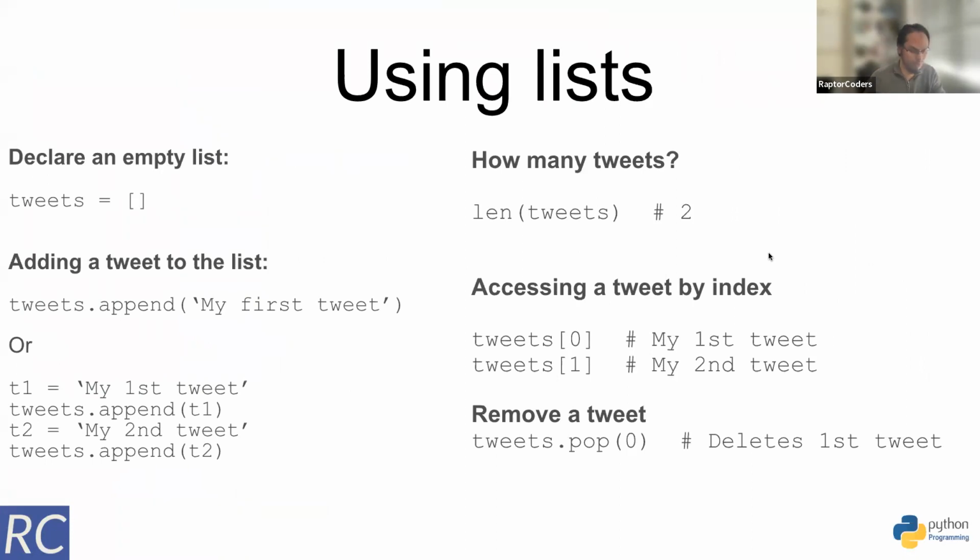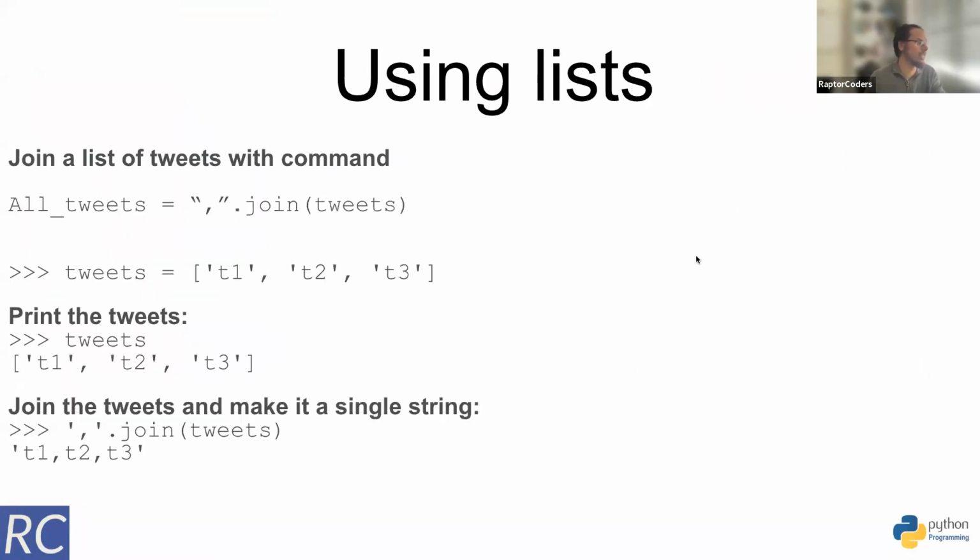So remove a tweet, fairly easy, using a list. One thing we might need to use in real life is to join all the tweets using some kind of delimiter or some kind of character, right? Imagine we want to comma separate the shopping list: banana, comma, milk, comma, and so on. So in order to join all the items with comma, we need to call this join function.